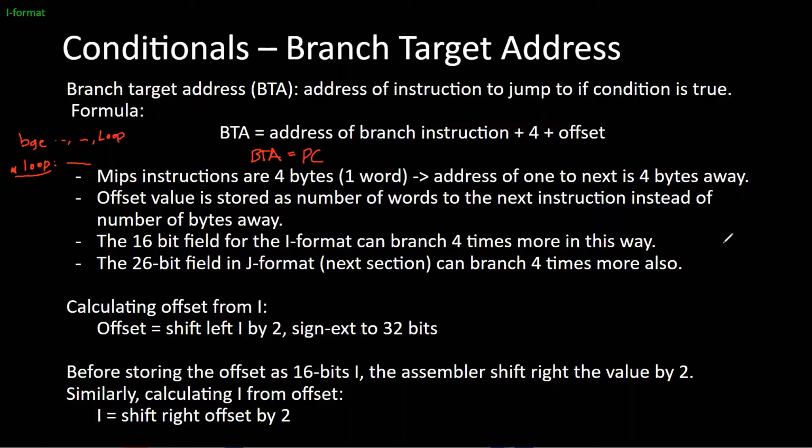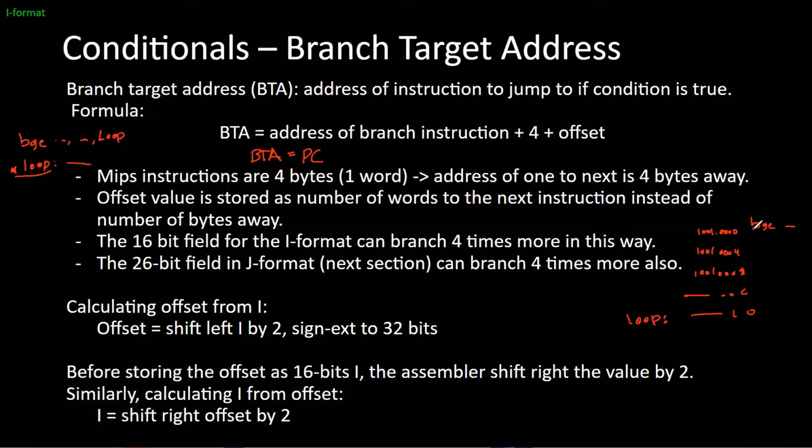So let's say I have these lines of code, and each line of code is at a memory location. And let's say here I have this BGE and then here is the loop.